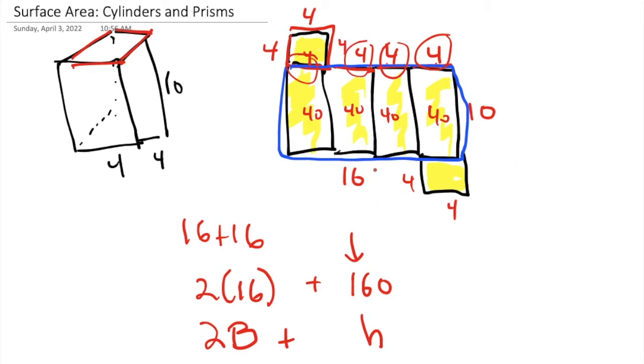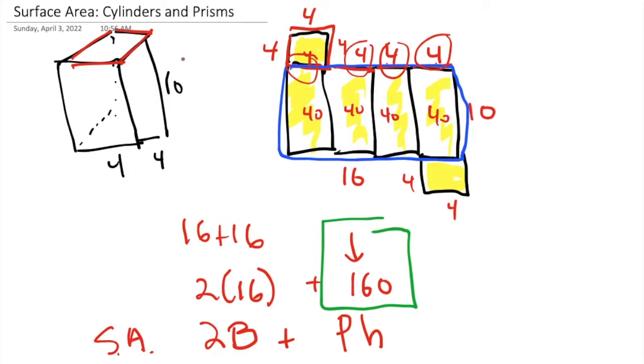So we can actually create the second part of the area, this part, by multiplying the perimeter of the base, that 4 plus 4 plus 4 plus 4, which will give us 16. So that's where we get the capital P in the formula for surface area.